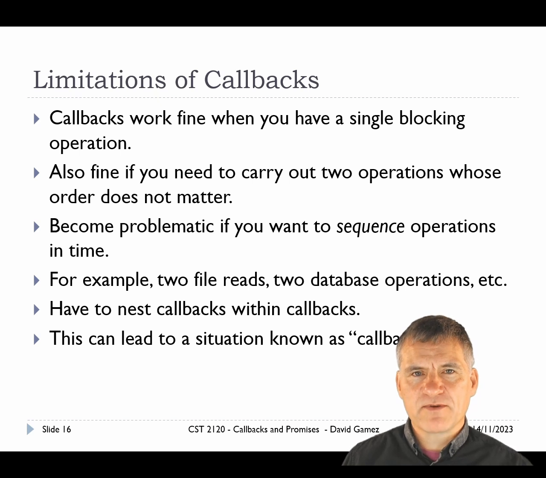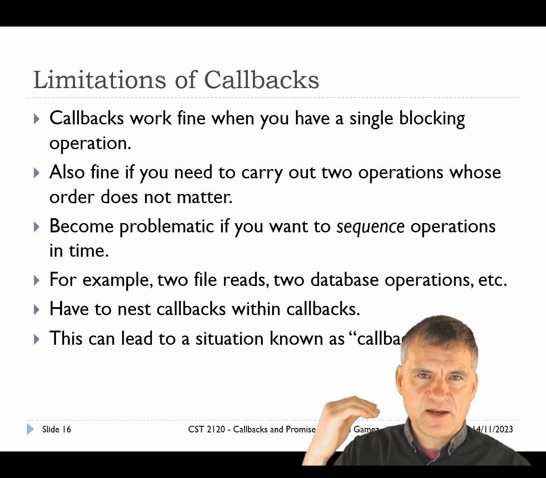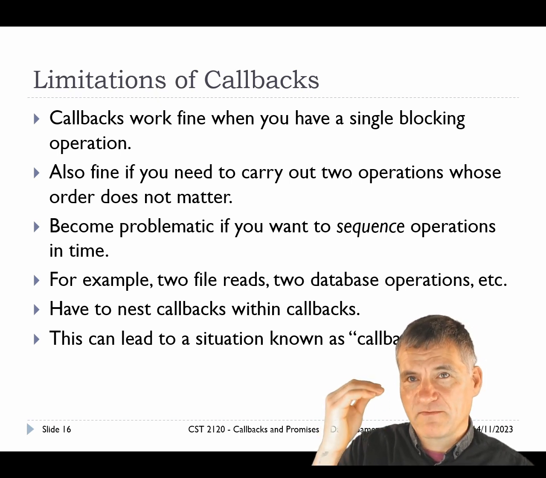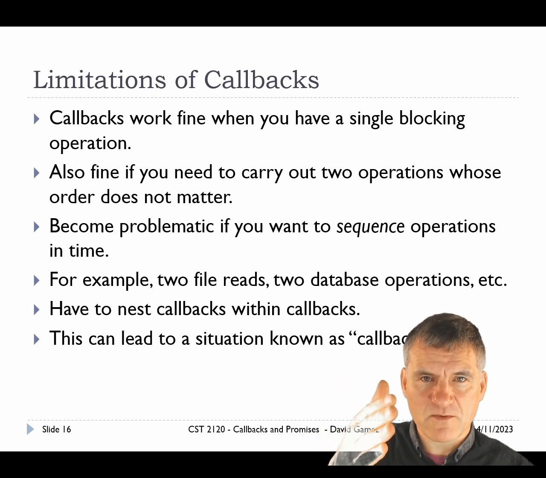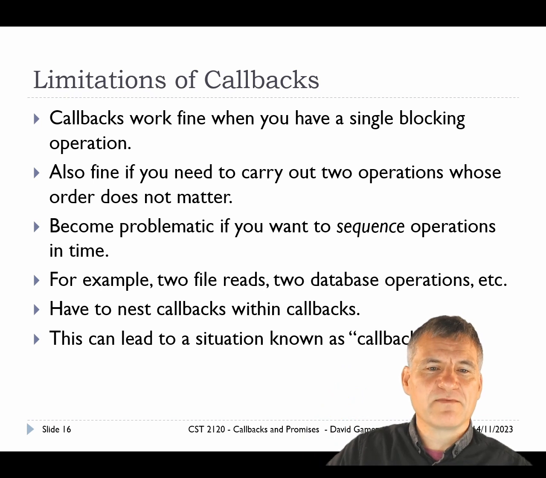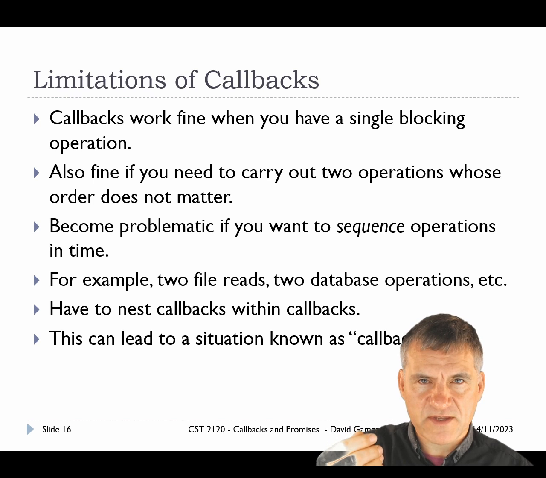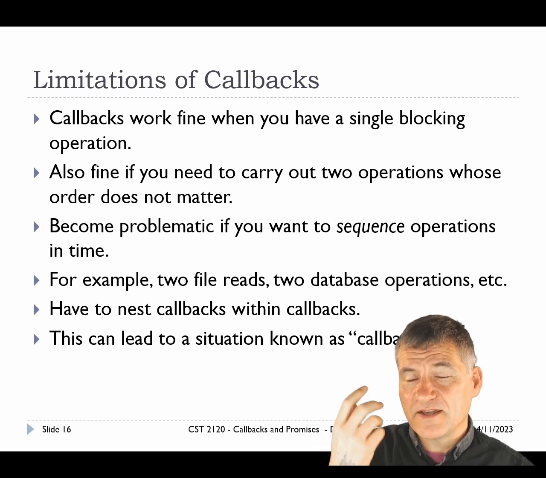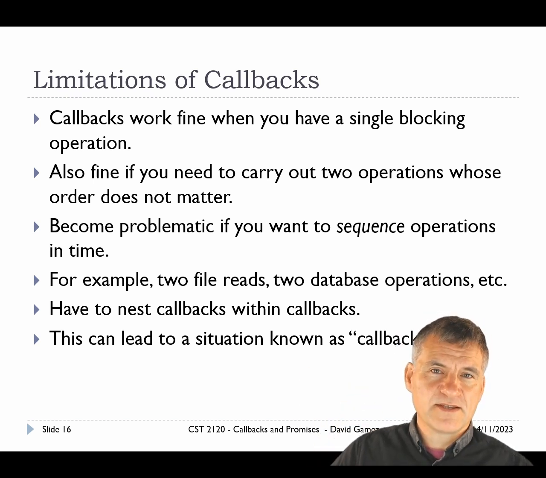But callbacks really become problematic if we want to sequence operations in time. So suppose I've got to read two files, and firstly I want to get maybe some meta information from one file, and then I'm going to get the main data from the other file. Or maybe I've got two database operations, maybe one search on the database gives me one set of data, and I use that set of data to do a second search on the database.